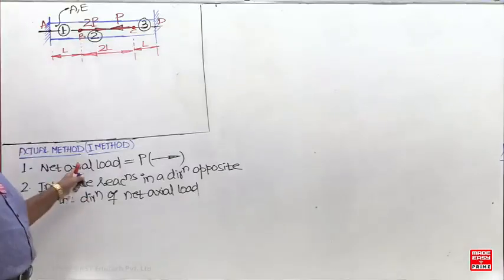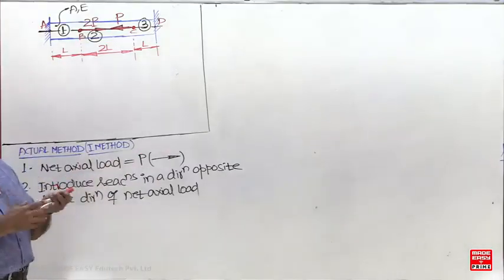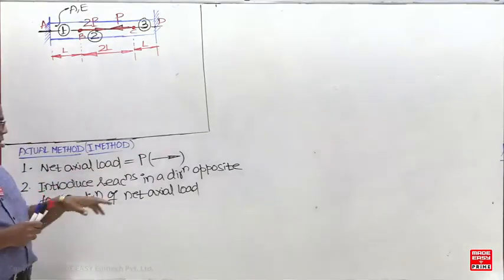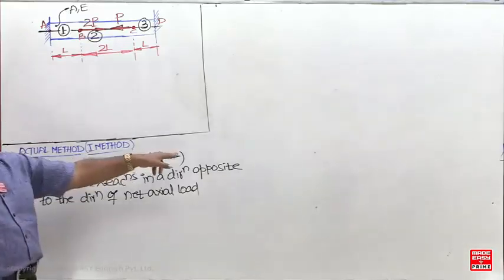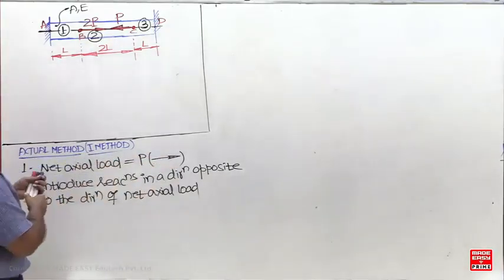Since the net axial load is towards right side, generally reactions are opposite to the load. I am assuming the net load is towards right side, so reactions are going to be towards left side.